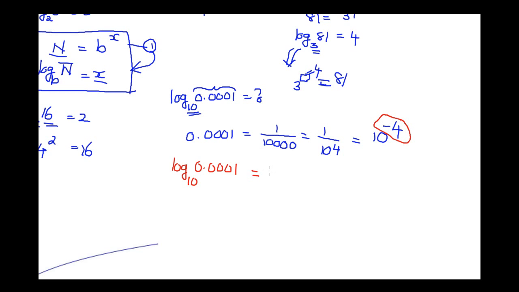So this becomes minus 4. Now this number is less than 1, hence this logarithm has become negative. Why has this logarithm become negative? Because the number is less than 1.